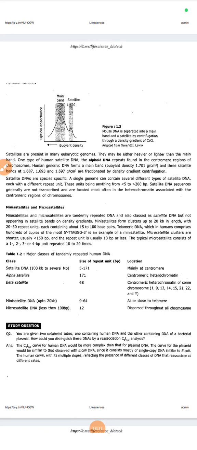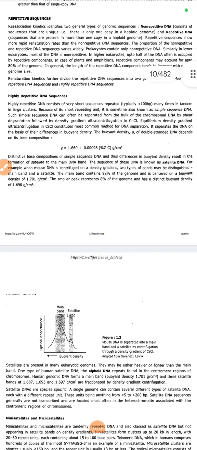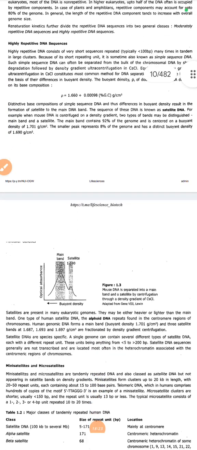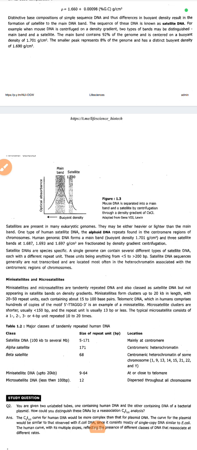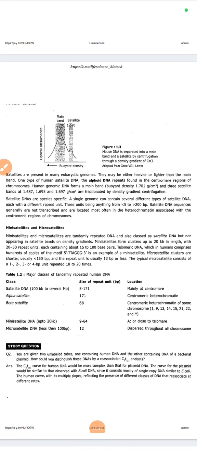So what we understood about satellite DNA is that it has a lesser Boolean density and is species specific, and that its sequence is known as satellite DNA. They are less in the genome, and an example is alphoid DNA, which is present in the centromeric region of the chromosome.